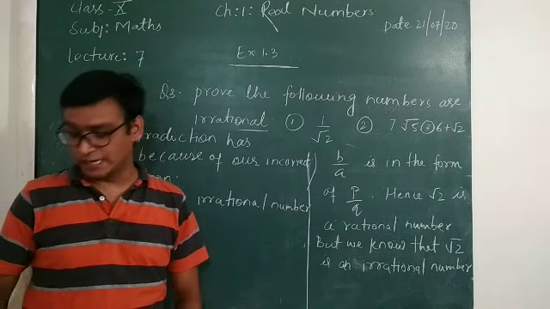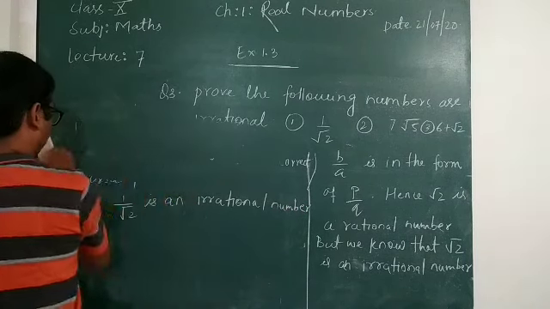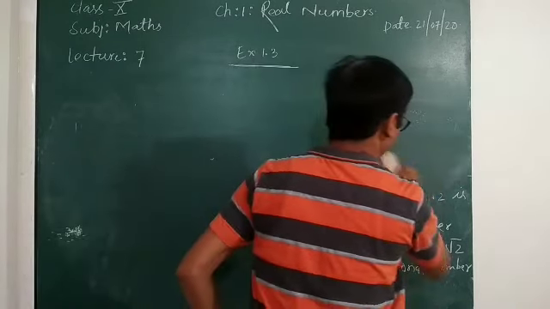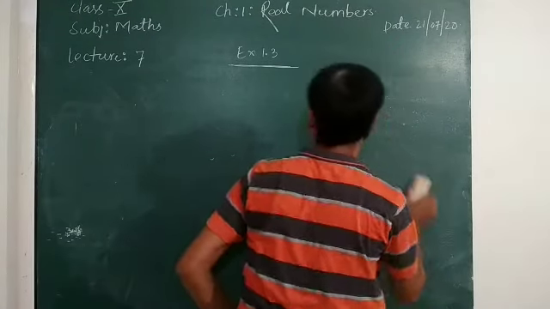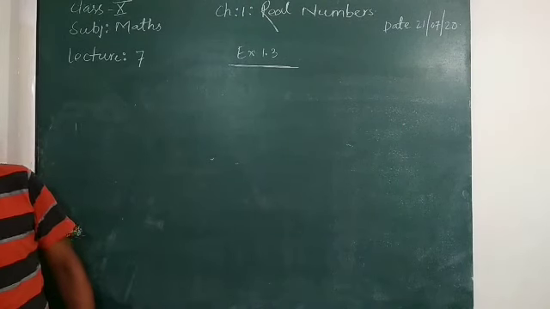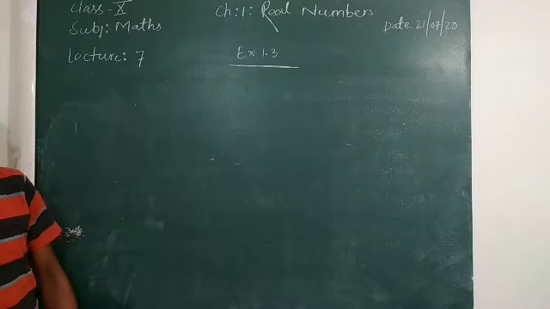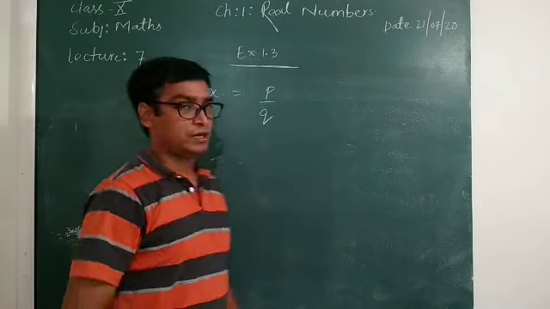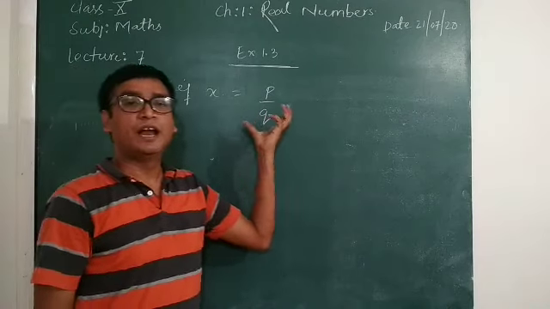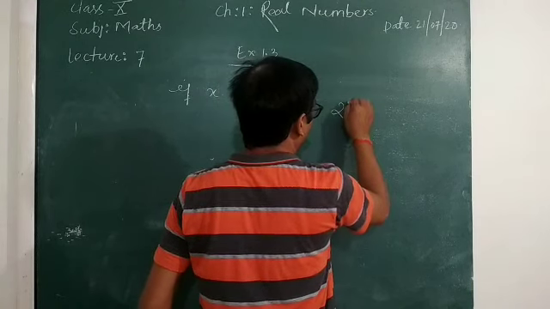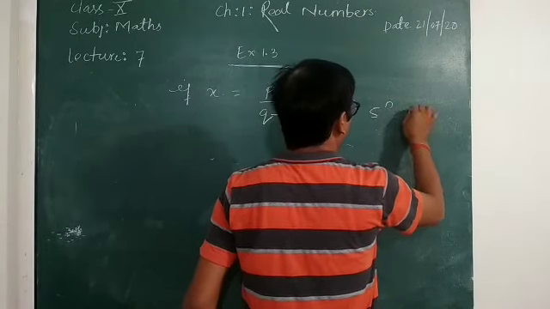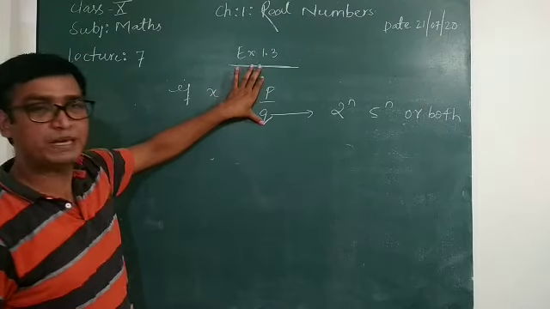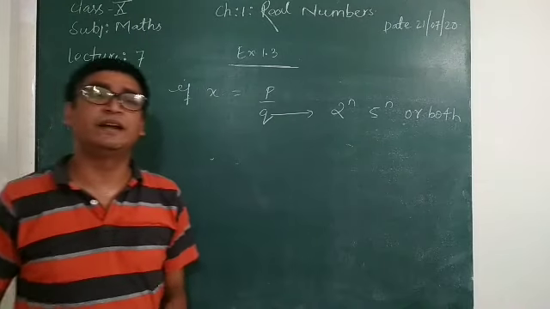Now coming to exercise 1.4, let us see. In exercise 1.4, there is one theorem regarding that if x is in the form of p by q, such that q can be factorized in the form of 2 raised to power n and 5 raised to power m, or both, then the given number would be a terminating number.